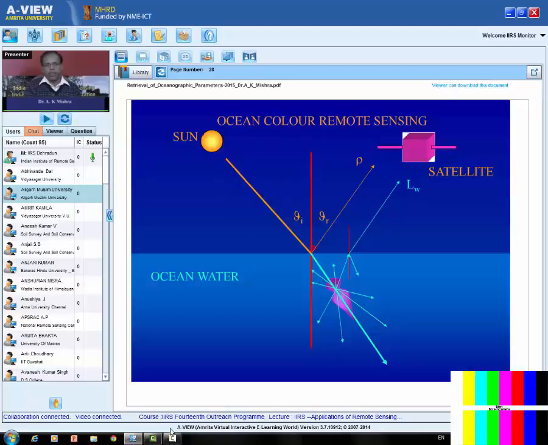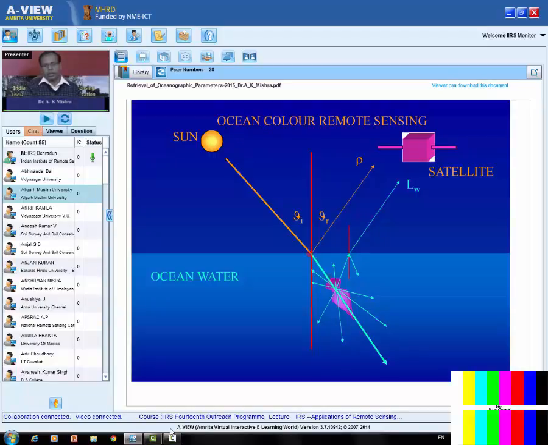So the sunlight is striking at the sea surface, and part of it is getting reflected back, which is known as Fresnel's reflection coefficient rho. So that can be calculated taking the information of incident angle, solar zenith angle, and the refractive index of the water.